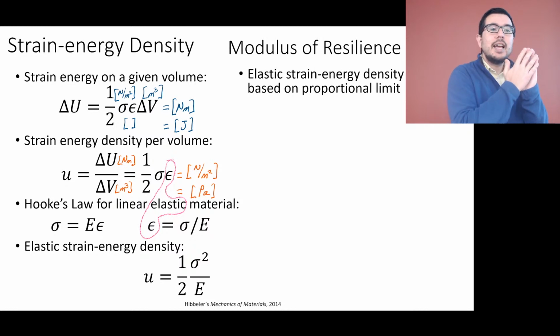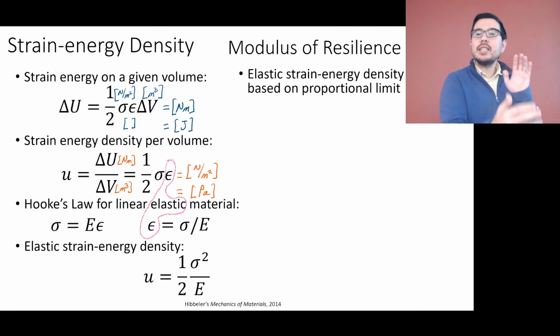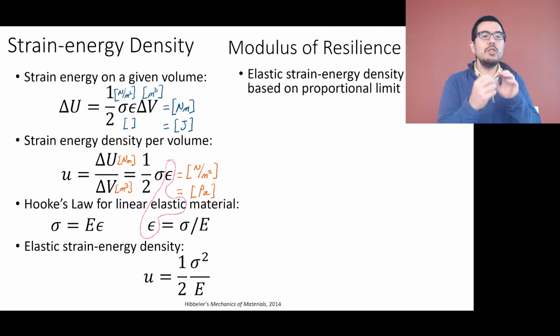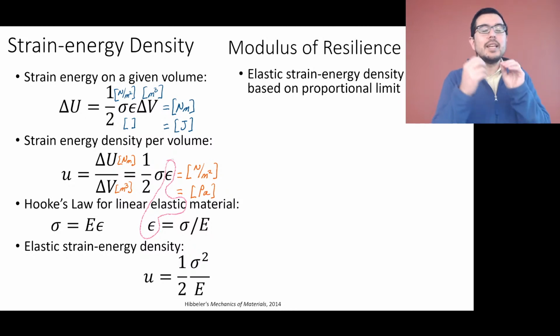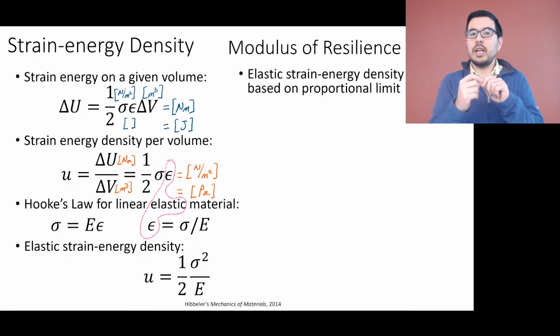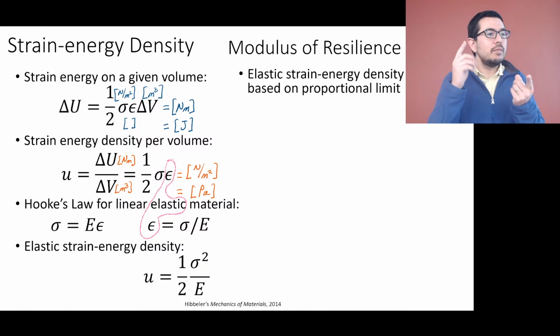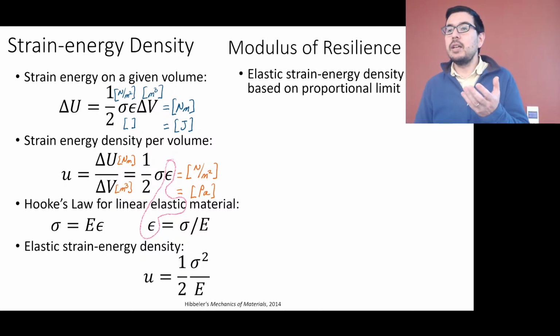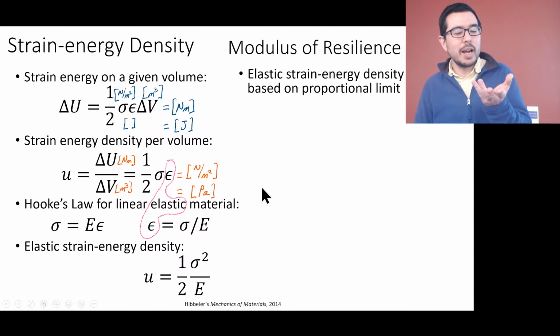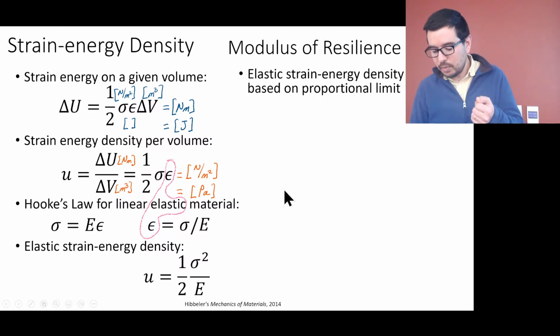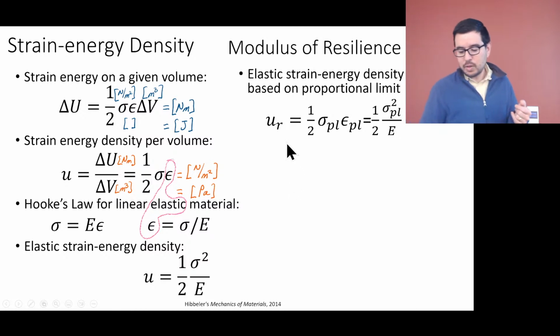It says calculate the maximum amount of strain energy that you can store per volume in your material, based on its elastic modulus and its proportional limit, or in a practical sense, the yield strength. So here's what it looks like.